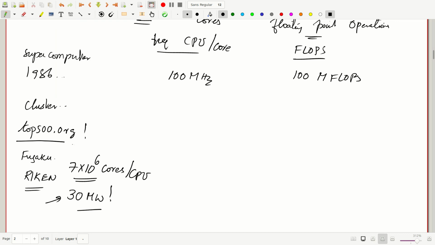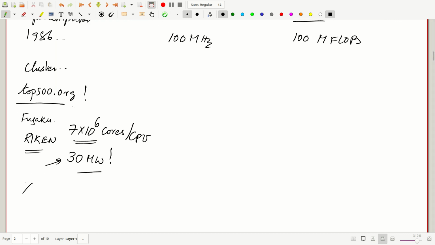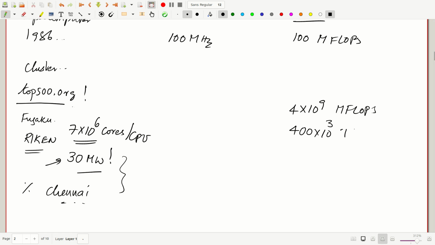That's quite a lot. It consumes 30 megawatts of power, which is quite a lot. To put in perspective, what would be the percentage of this compared to the power consumed by Chennai city? I think we can easily look that up. That is quite significant, right? So it consumes 30 megawatts of power, has 7 million cores, and can do approximately 4 into 10 power 9 megaflops, or essentially 400 into 10 power 3 teraflops.